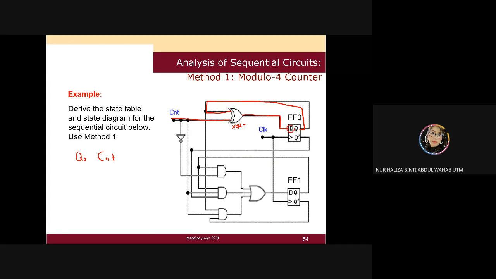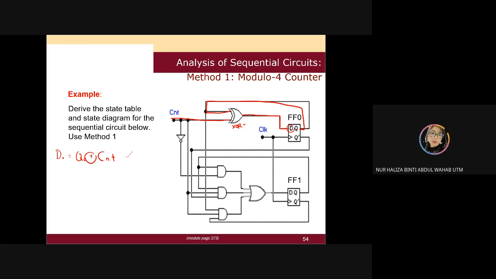This is the XOR connection. For XOR, I think it will be like this, right? Okay. So I have the input for my D0. So this is one of the excitation equations that I can provide.